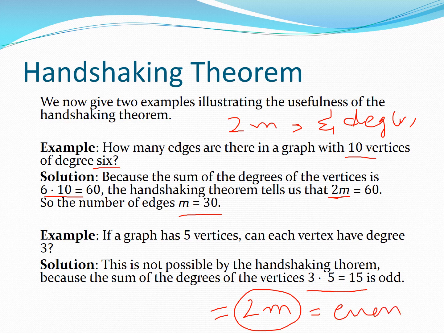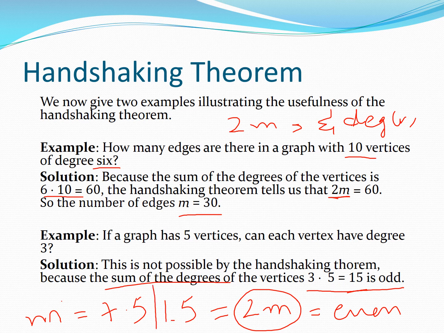But what do you have here? The sum of the degrees is an odd number, 3 times 5. If we equate that to 2m, you're going to end up with m equal to 7.5.